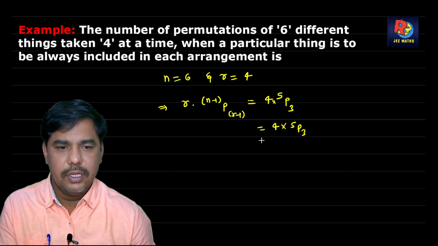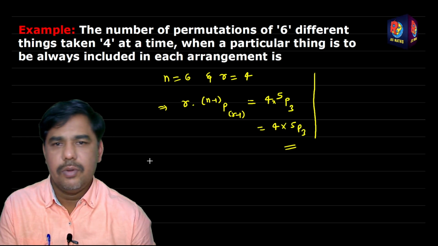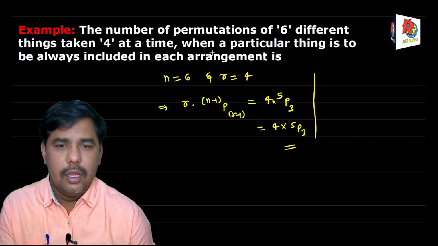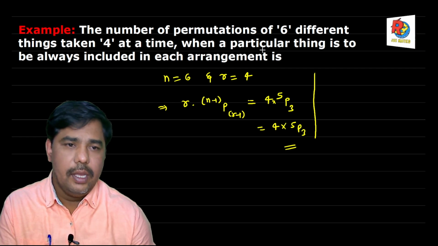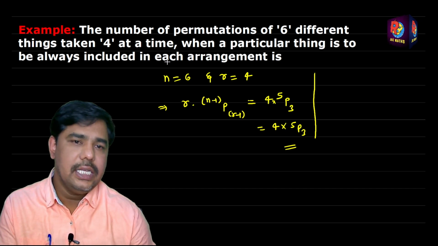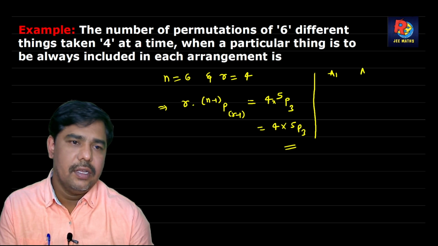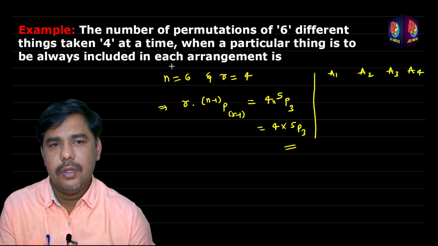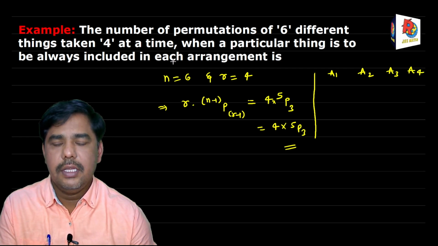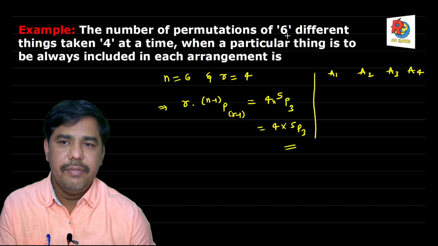If you want to simplify, we can simplify. There is no issue about that. I will give you the explanation about this one. The number of permutations of 6 different things taken 4 at a time, when a particular thing is to be always included in each arrangement. Totally 4 arrangements are possible here: arrangement 1, arrangement 2, arrangement 3, and arrangement 4. The particular person compulsorily will be there in each arrangement. So total 5 different things are there now.